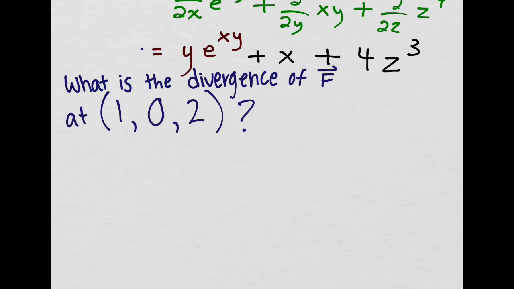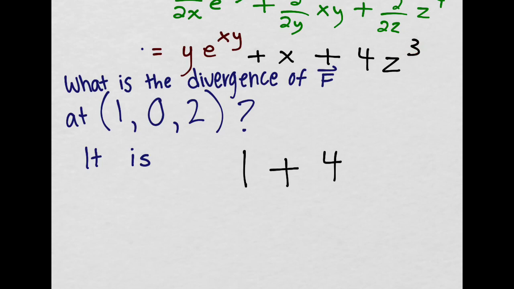Then to do that, you would plug in those coordinates. Well, okay, the first term goes to 0 because the y coordinate is 0. The second term is x, which is 1. We have a 4 here, and then a z cubed.